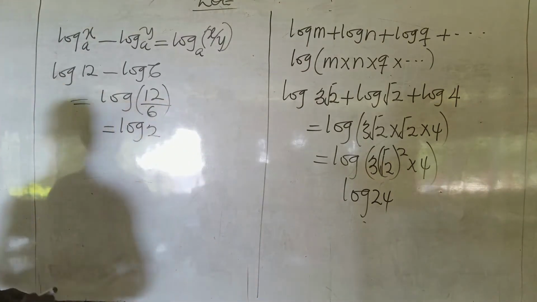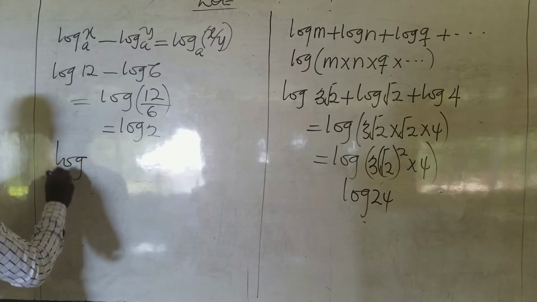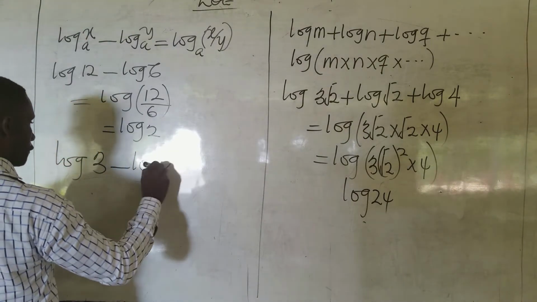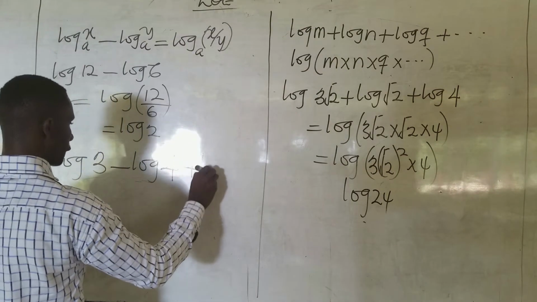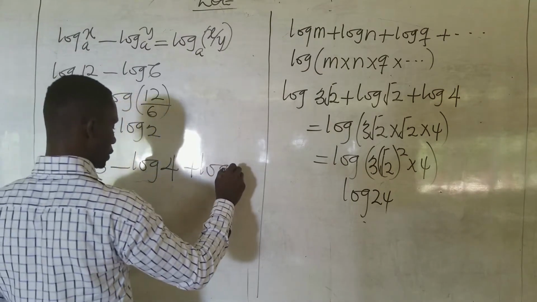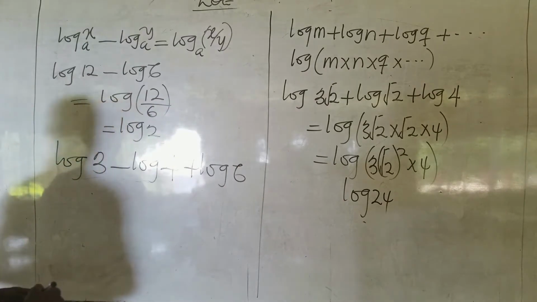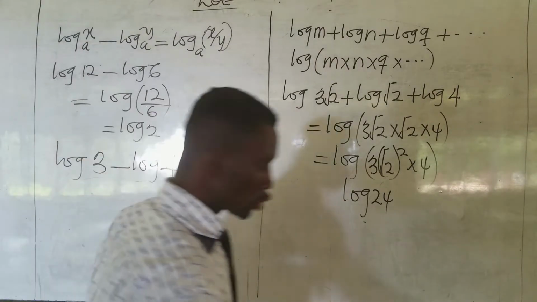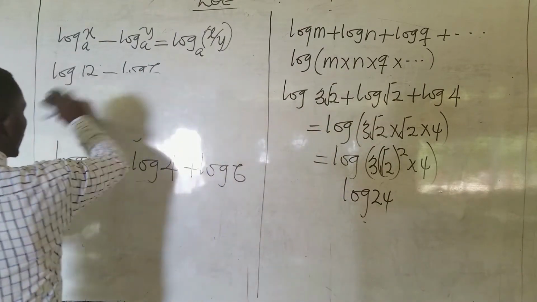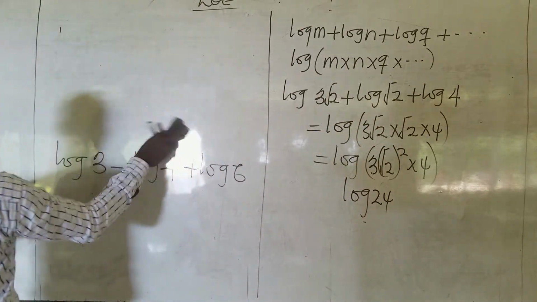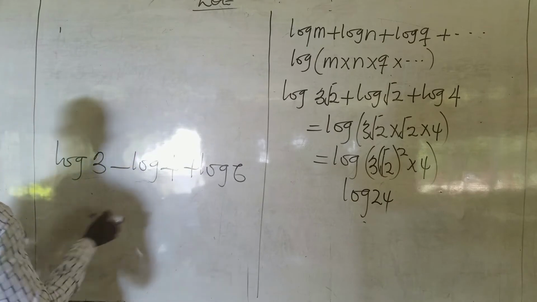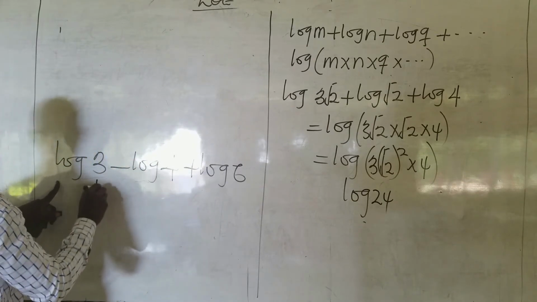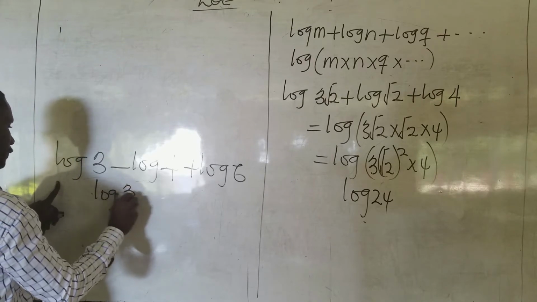You go by the law. If you have log 3 minus log 4 plus log 6, you see that now it is made up of subtractions and additions. So what you do is apply the law gradually. Here, the subtraction means you divide, which will give you log 3 divided by 4.